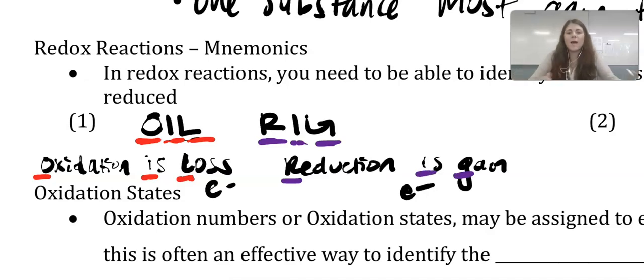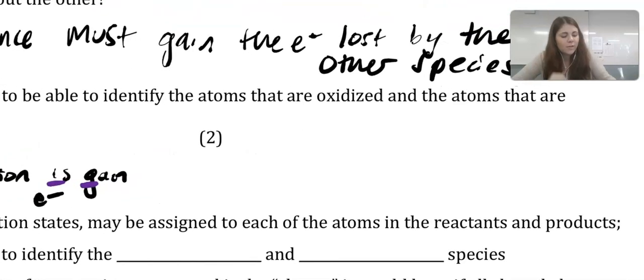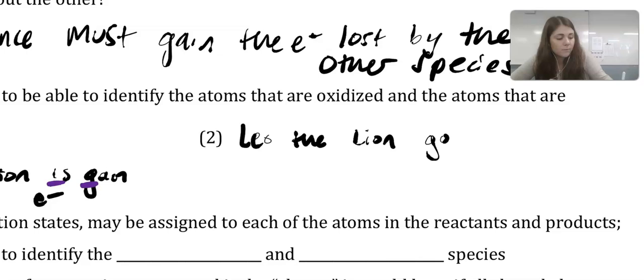OIL RIG is what I learned in college. You can definitely use the other one I'm going to show you, but OIL RIG is the more commonly used mnemonic to memorize that oxidation is loss and reduction is gain. The other one is called LEO the lion goes GER. Okay, this one is a bit harder to understand.